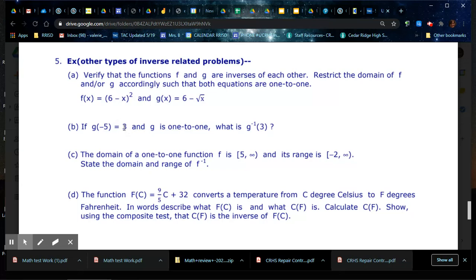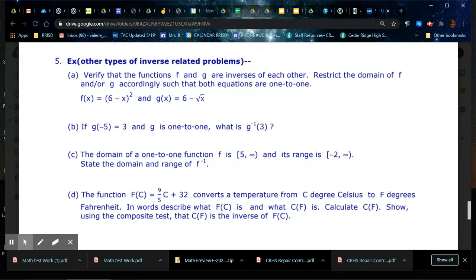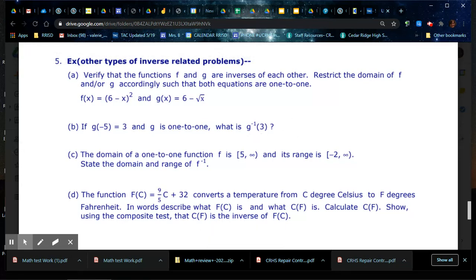So whatever the y is becomes the x of the inverse, and whatever the x is becomes the y. So g inverse of 3 should equal -5. Same with domain and range. Domain and range swap with inverses, so that's an easy one.